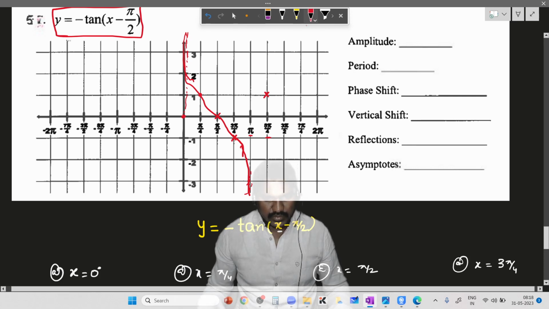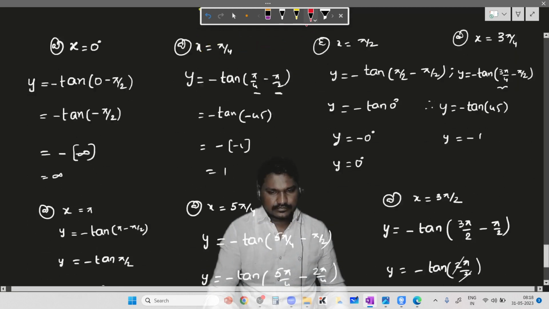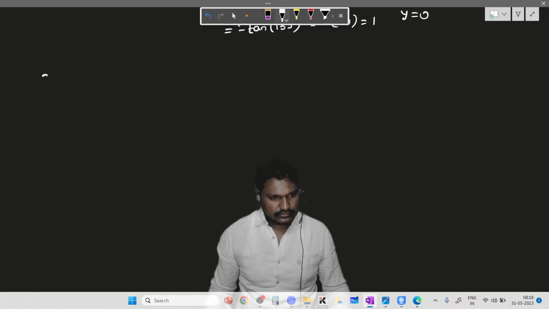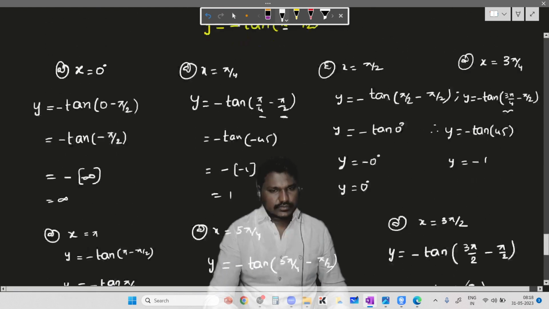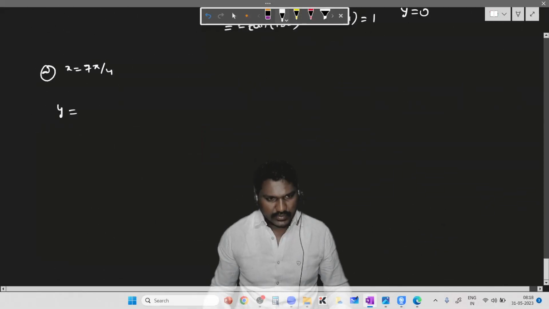At 3 pi by 2, the value is 0 again. Then we check 7 pi by 4. y is equal to minus tan of 7 pi by 4 minus pi by 2.